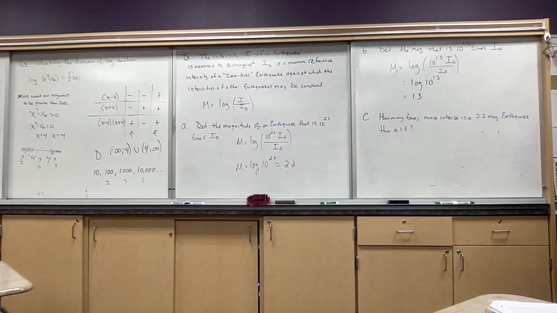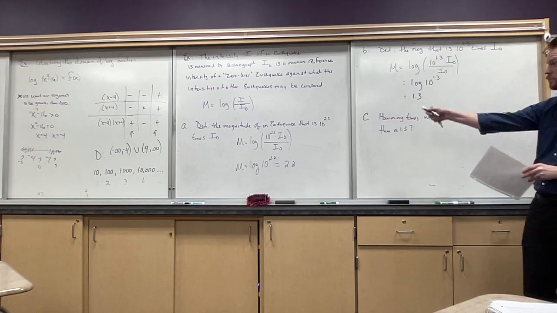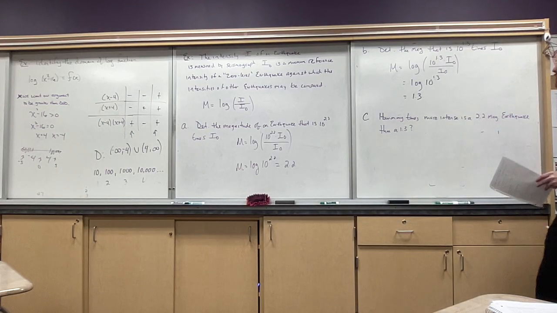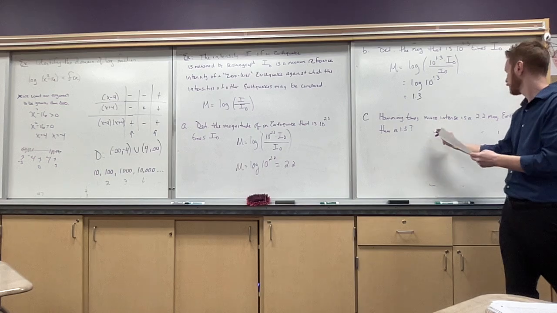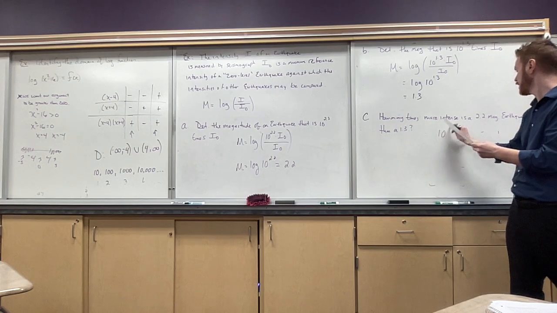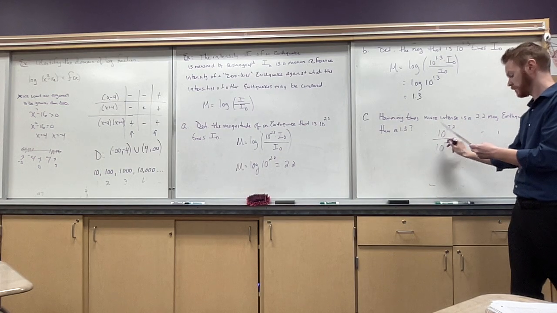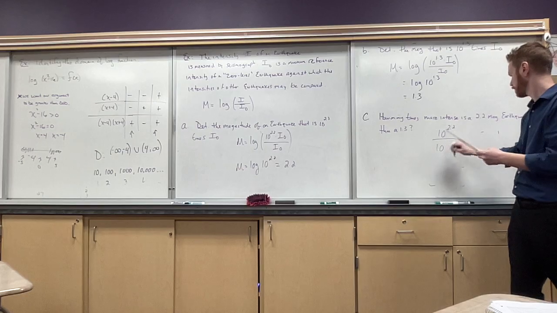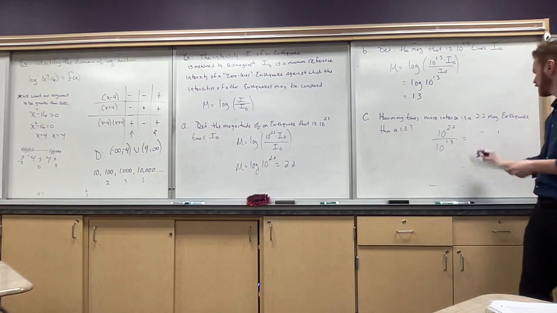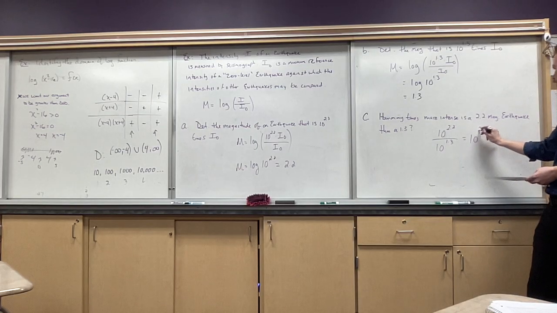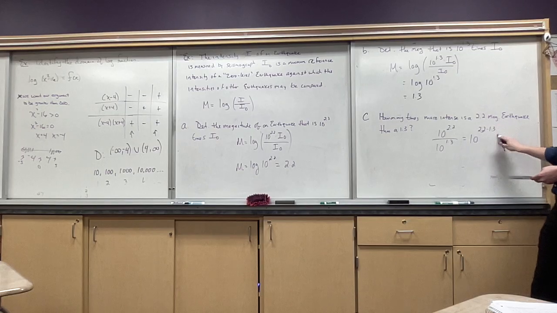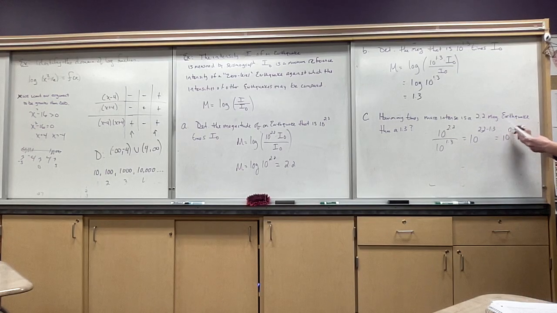Well, all we've got to do is just use the actual powers here. So for how many more times intense it is, it'd be 10 to the 2.2 over 10 to the 1.3. Knowing our basic exponent rules, you just subtract the exponents. So it's 10 to the 0.9, which is roughly 7.9 times more intense.